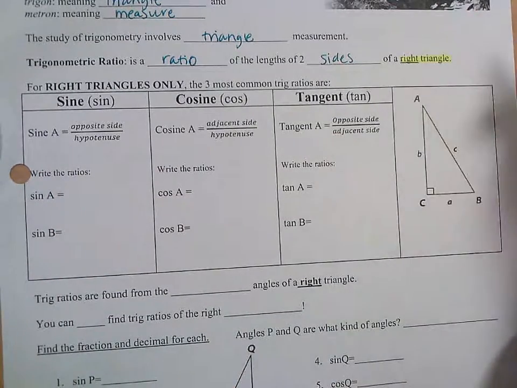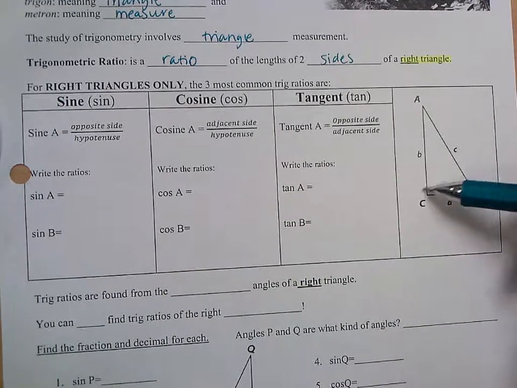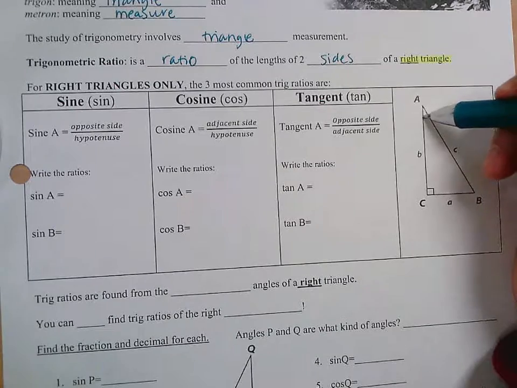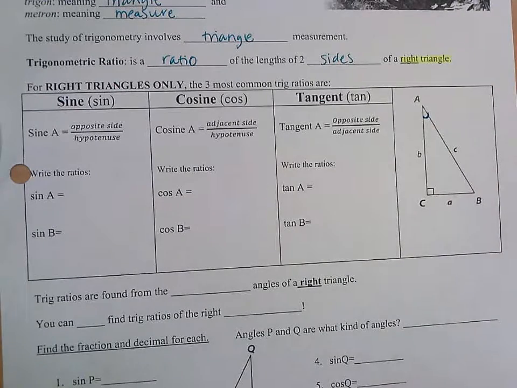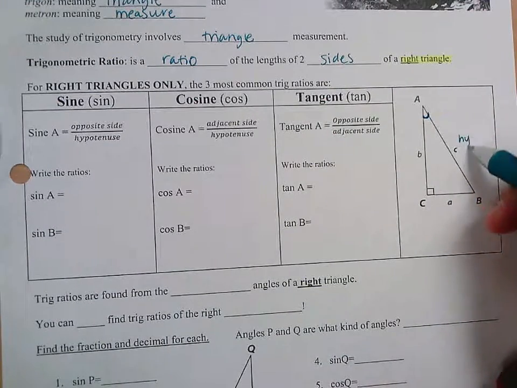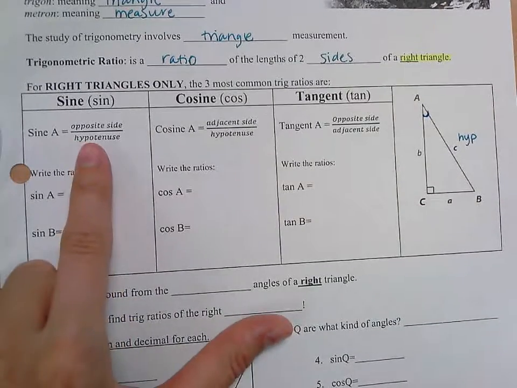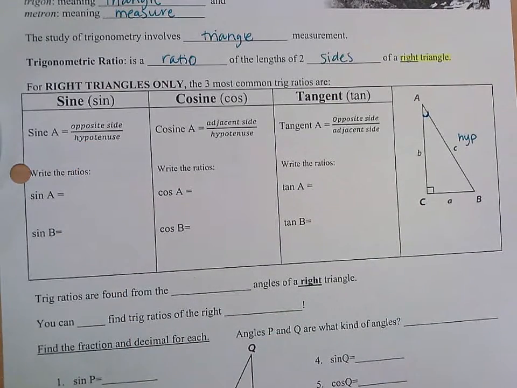So we're going to write the ratios. We're going to start out for angle A. So if we look at this, angle C is our right angle. So if we look at angle A here, I'm going to label C as the hypotenuse. What did we say in chapter 1? What does the word adjacent mean? Next to.